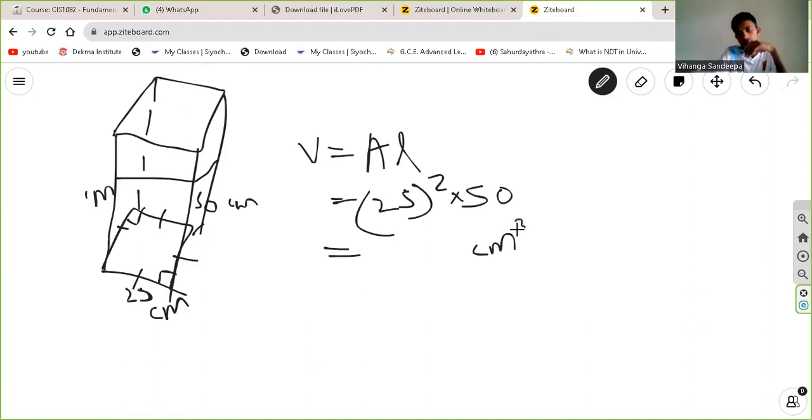So what is the answer? 31,250 cubic centimeters.